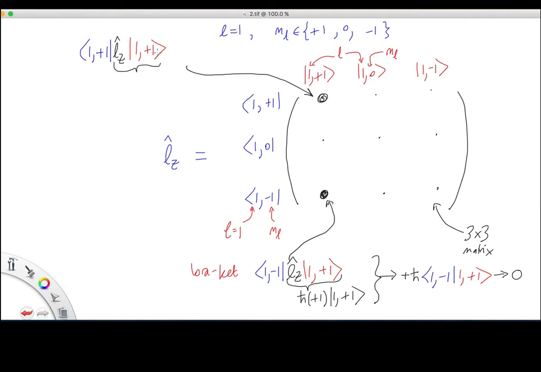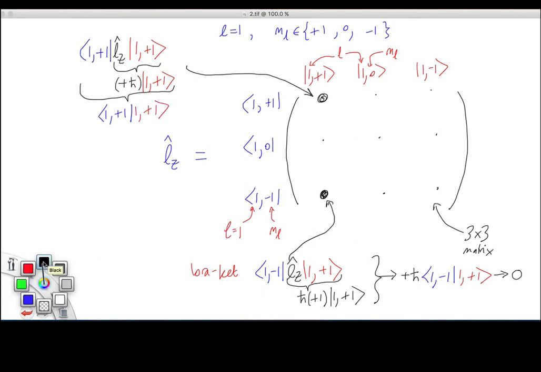Since the ml value is plus 1, this again is plus h bar times the ket 1 plus 1. And now we can evaluate the whole term as being the bracket 1 plus 1 with the ket 1 plus 1 multiplied by the number h bar. And due to orthonormality, the bracket between two identical states is 1. So the whole term evaluates to plus h bar. And we can repeat for each of the values in the matrix.